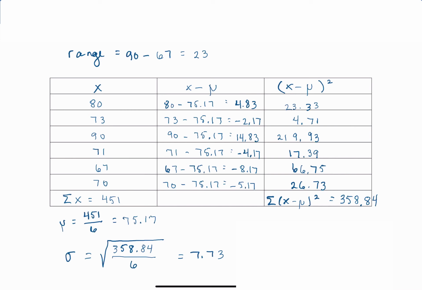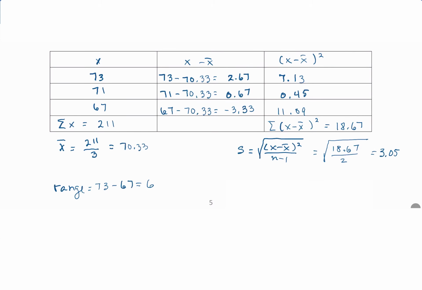Then you have your x minus mu column, your x minus mu squared column, and at the bottom of that last column, your x minus mu squareds should have added up to 358.84. So then your standard deviation sigma would be the square root of 358.84 divided by n, which is 6, and you get 7.73.